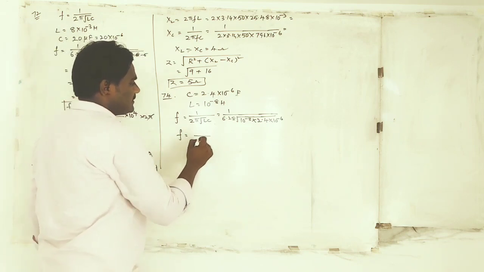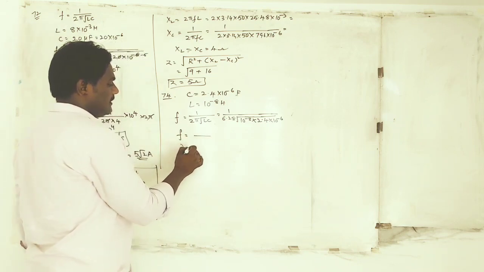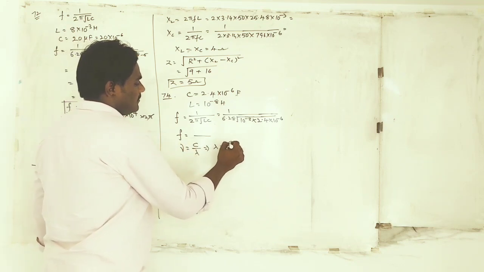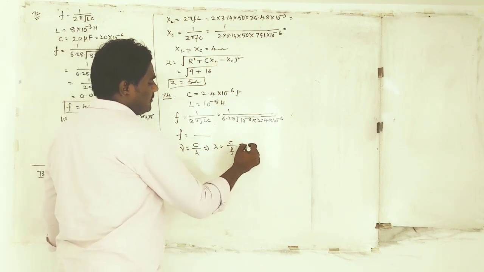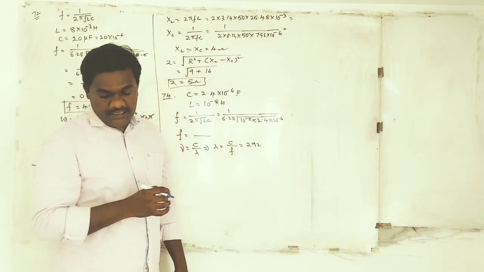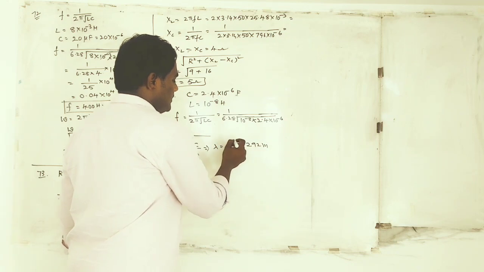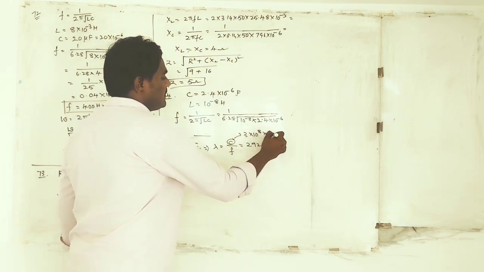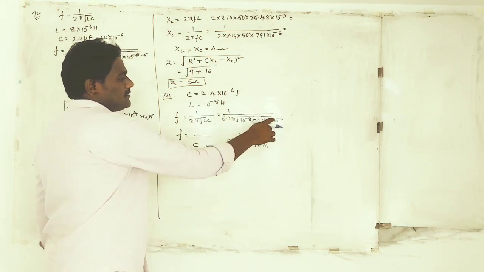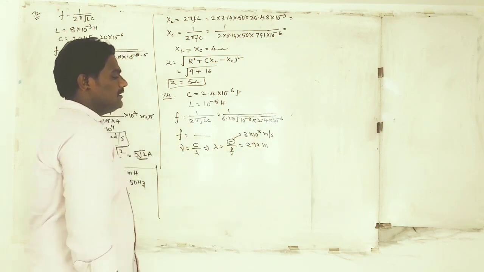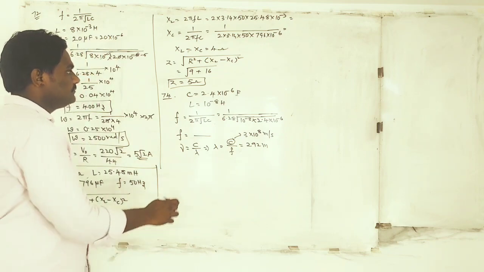Once you get some frequency, use the formula frequency is equal to C by lambda. That implies lambda is equal to C by frequency. Then your answer will be 292 meter. Because the C value you know, which is 3 into 10 to the power of 8 meter per second. So calculate this, you will get the frequency. That frequency substitute here, you will get the value as 292 meter.